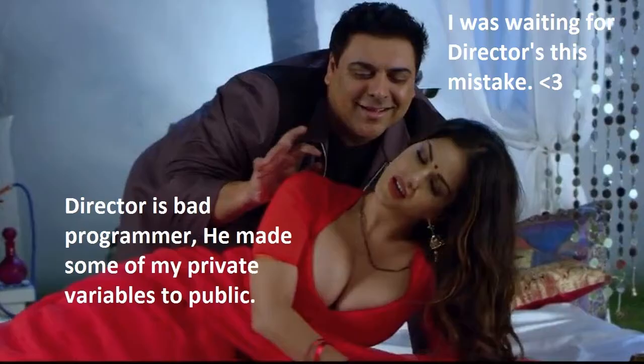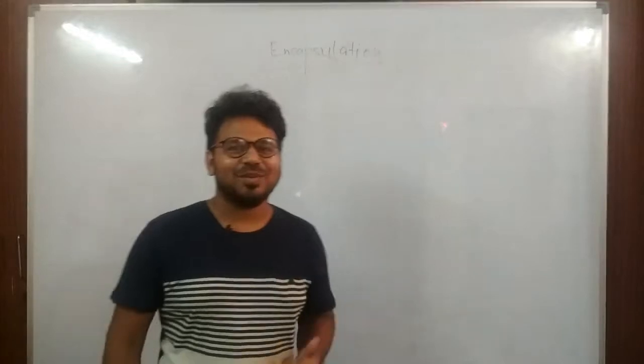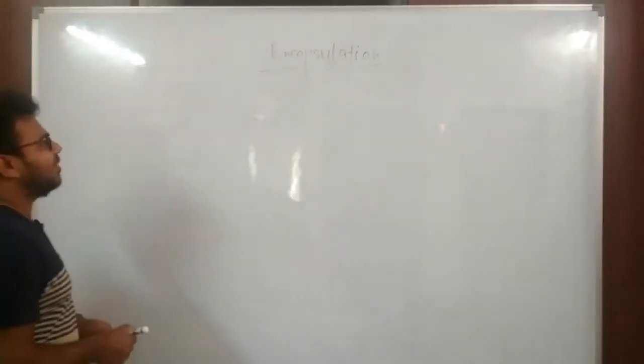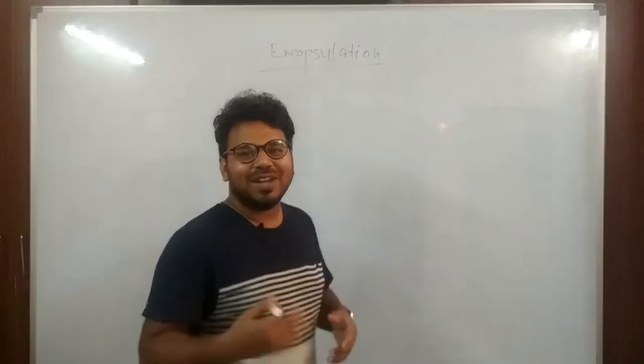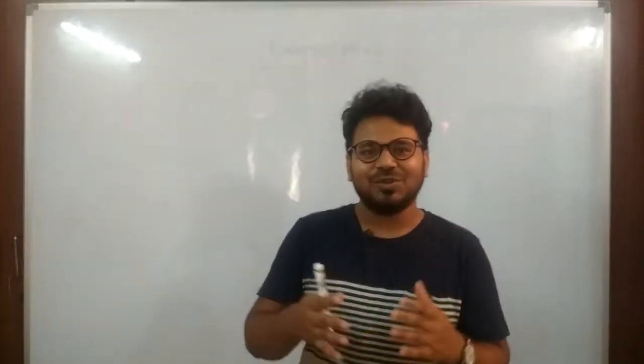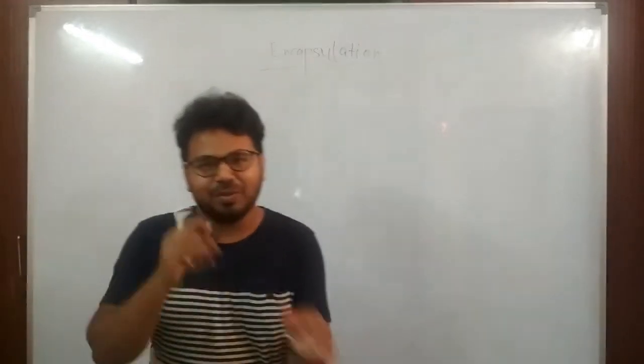She was saying that because of the director's mistakes she was suffering and her private variables are being exposed to the outside world. And you can see the expression of the character played by Ram, how mischievous it is. That is those bad developers who try to look into the code of others and try to break the code.